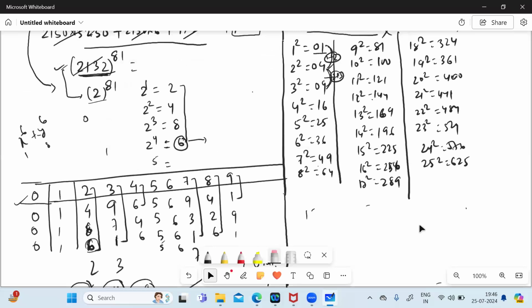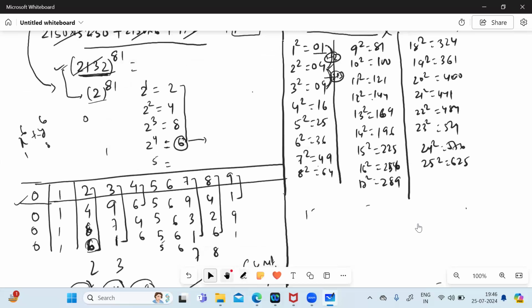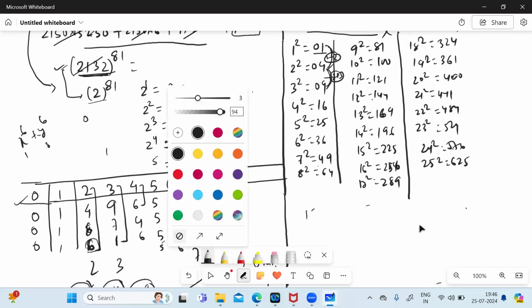I have written all the squares till 25, and I'll show you now that if you take any natural number and square it, the last two digits that you will get will be one of these 25 last two digits only.